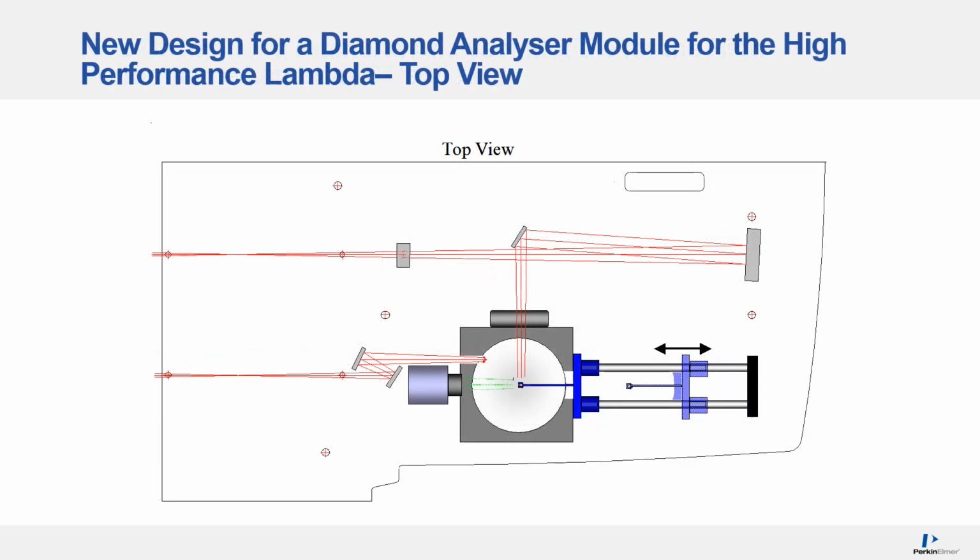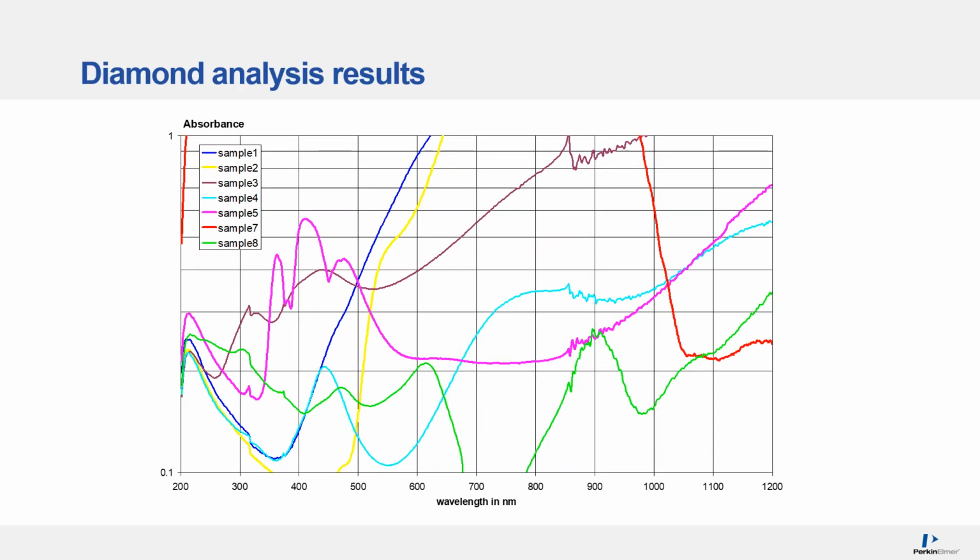Here we see the accessory from above. Here are some spectra obtained from a variety of different samples with different properties. We can see significant differences between the spectra of the different samples, with absorptions in different places throughout the spectrum.